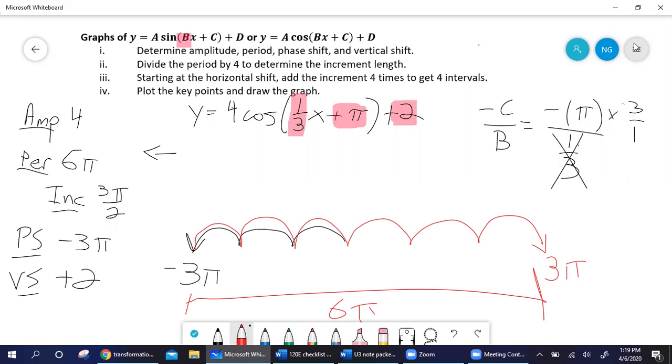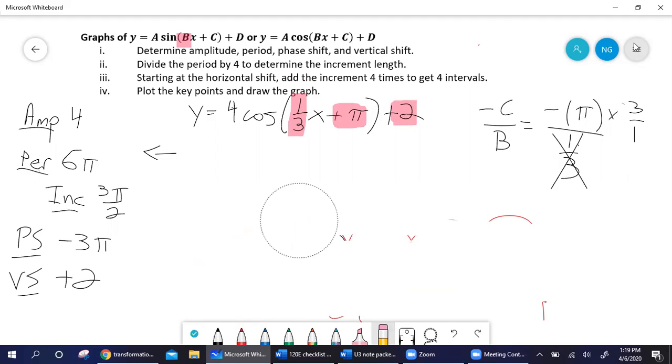Now, as far as the y-axis goes, I'm shifted up 2 with an amplitude of 4. Okay, so again, let's think about what that's going to mean. This thing is going to start up 2, and then from 2, I'm going to go up 4, which would put me at a peak of 6.